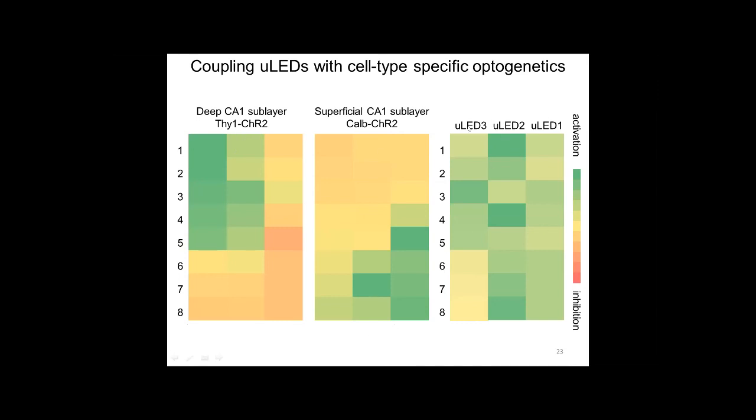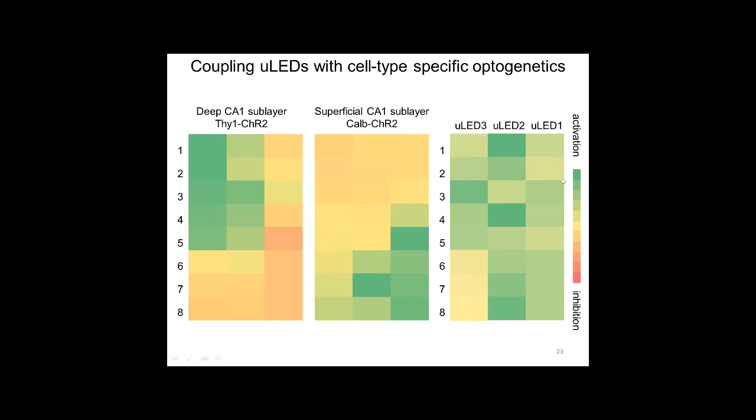This was the previous one, in which we had a nonspecific expression of channelrhodopsin all along the layer, and as we were discussing, it was not so clear whether we could control deep and superficial layers efficiently. But in these two other cases, as you see, we gain the specificity we wanted by activating more precisely.